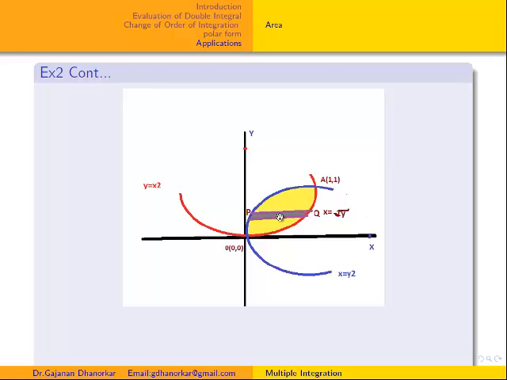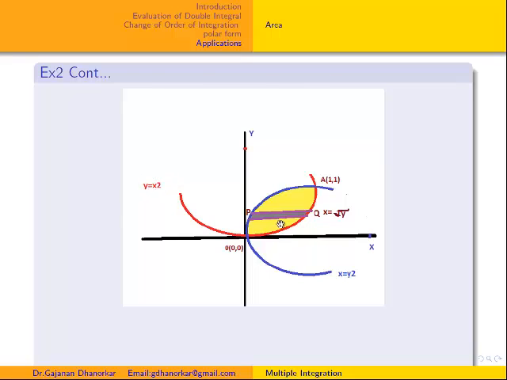Now here we use our previous knowledge, how to take a strip, how to find limits. We are free to take a strip parallel to x axis or parallel to y axis. It doesn't matter. We are taking a strip parallel to x axis. This strip is bounded on the left side by the blue curve, x equal to y square, and on the right by the red curve, y equal to x square.